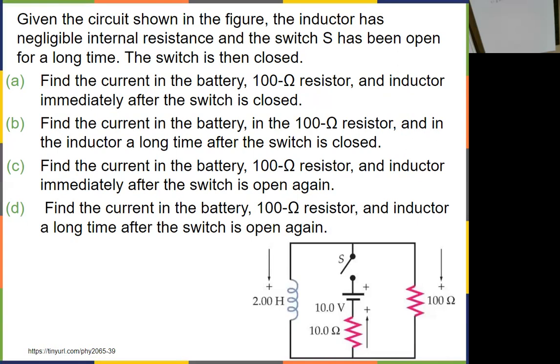So you close the switch, wait a long time, and then open it again. Part D asks what the current would be in those three elements after the switch has been open a long time. You can think about how to solve this while I draw the circuit on my paper.